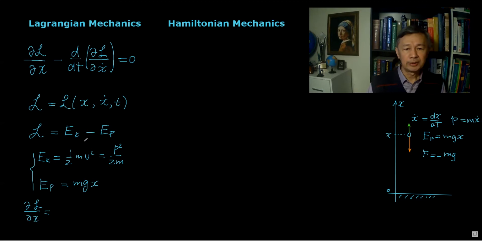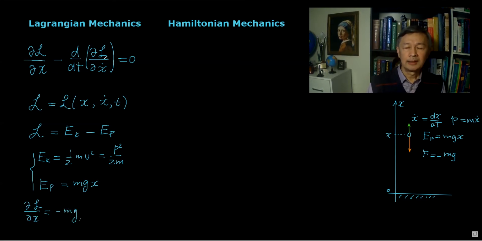So if you return to the form of the Lagrangian, we see that the kinetic energy is independent of x. Okay, so the first partial derivative is 0. So the only non-zero term is the second one, the potential term. So the potential term is mgx. So if you take into account the sign, we simply get minus mg.